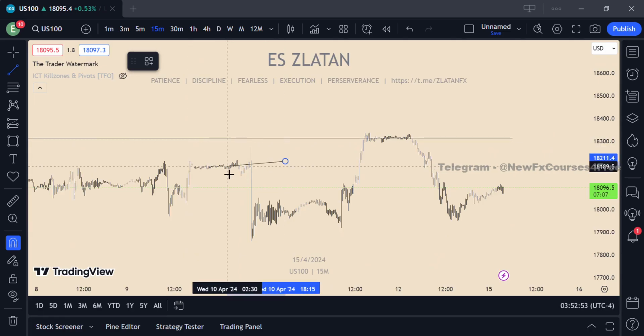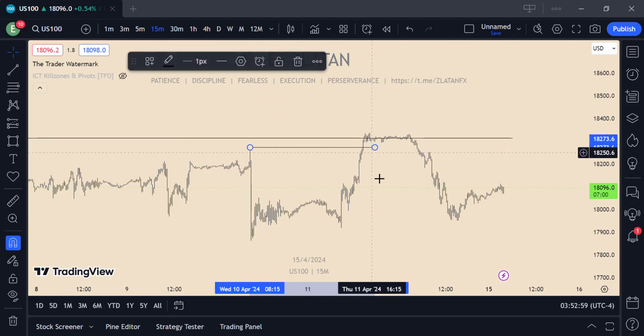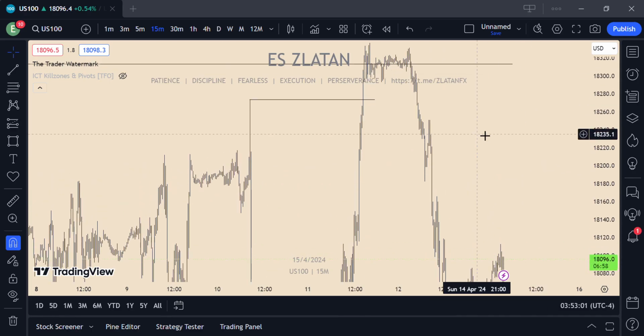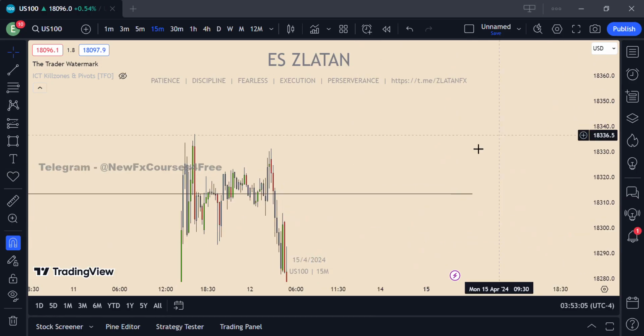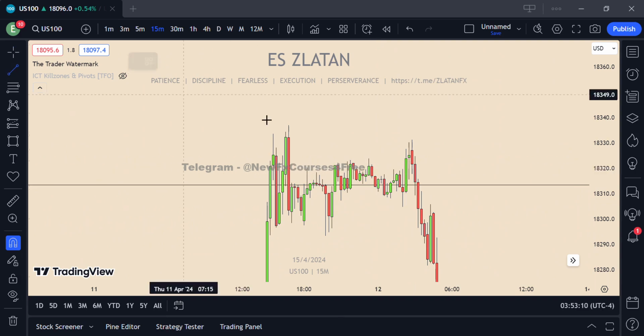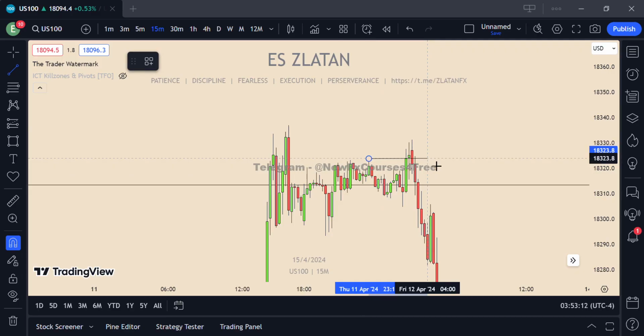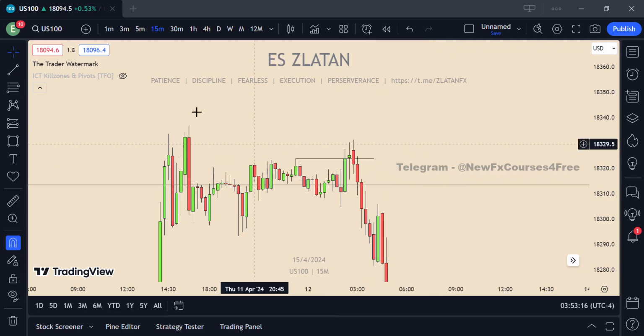So when we dug into the rejection block, we had another sweep on the lower time frame, which was the last red candle before we had the sweep.